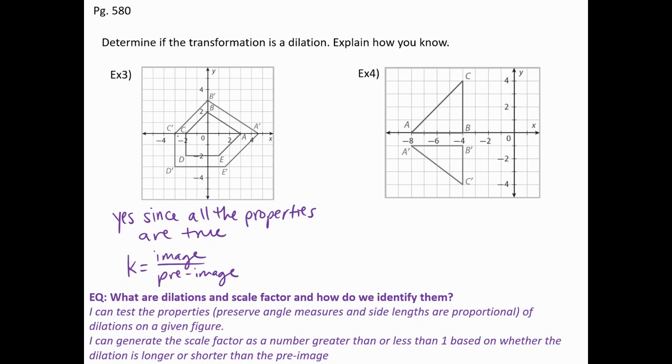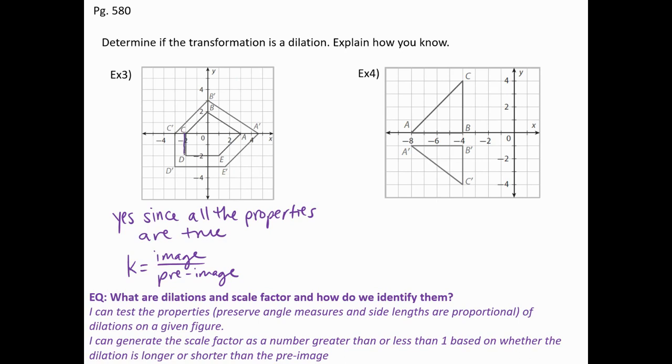And so that would be either CD or DE. Now on the original figure, both are fine, but if I look at the copy or the image, C prime to D prime is fine, but D prime to E prime, I have this spot where I don't quite know what the value is because it's not at a perfect corner there. So I'm going to look at C to D.